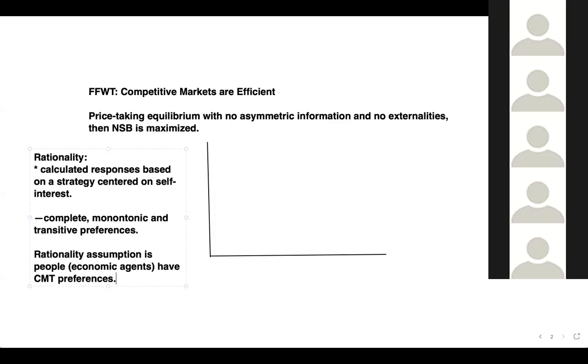Arslan, why would I prefer to just say CMT preferences instead of rationality? It's a more detailed answer. Yeah, and also it cuts off the criticisms of folks who really don't know what we're talking about.